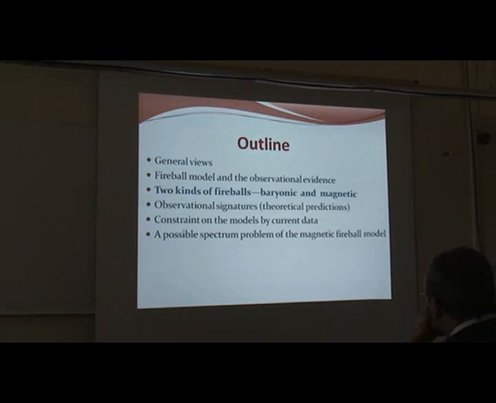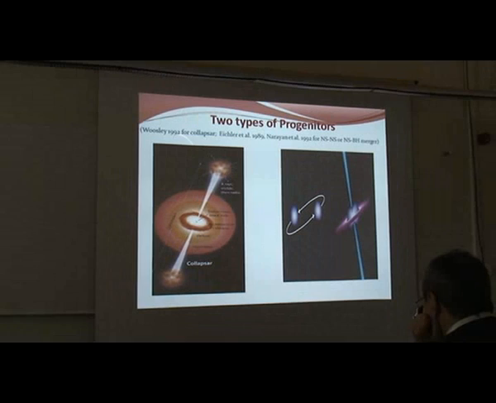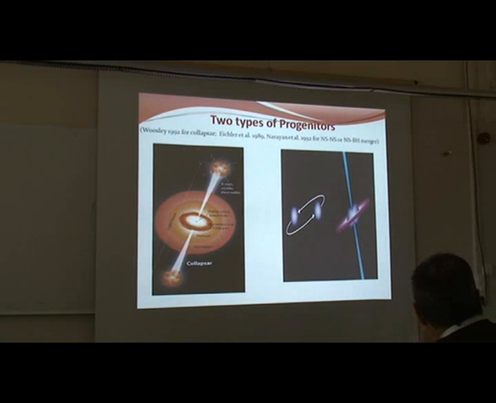Let's move on to the physical composition of the GRB outflows. For GRBs, there are two types of progenitors. In the collapsar scenario, the progenitor is a massive star. After the collapse of the dense core, the accretion onto the newborn black hole can launch an ultra-relativistic outflow and then power the GRB.